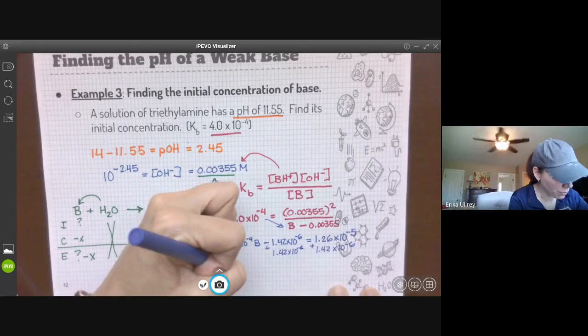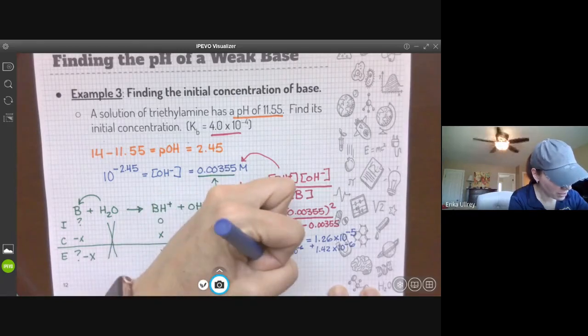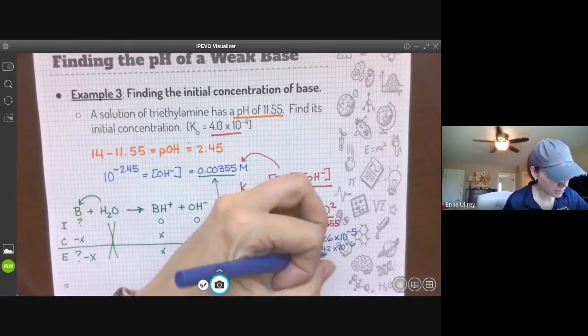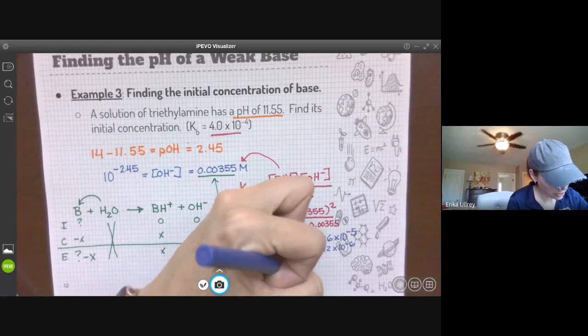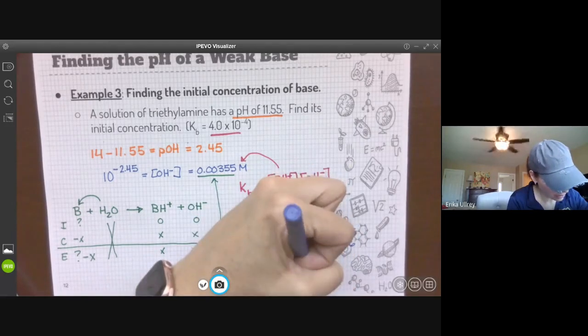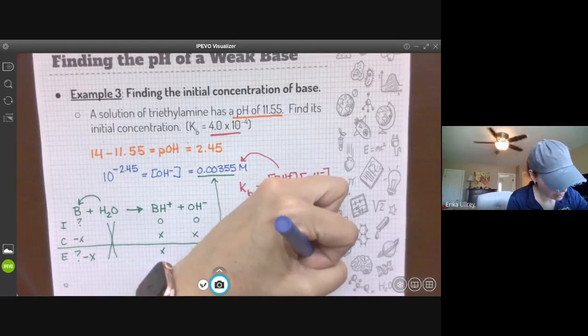So we would get 4.0 times 10 to the negative 4th B is equal to 1.40 times 10 to the negative 5th.